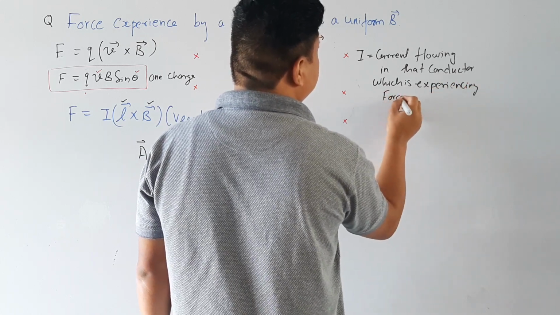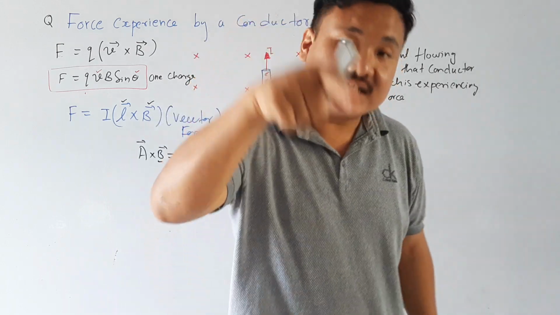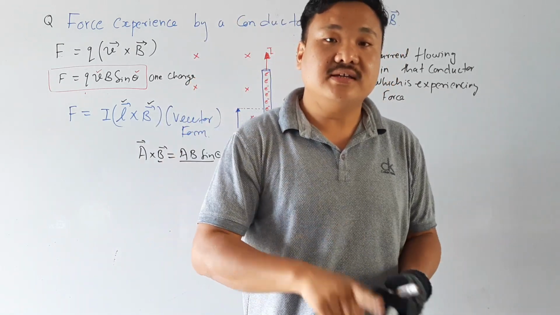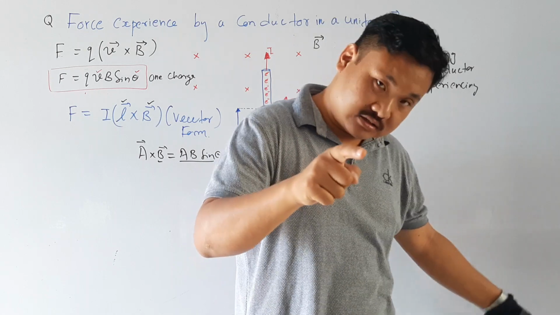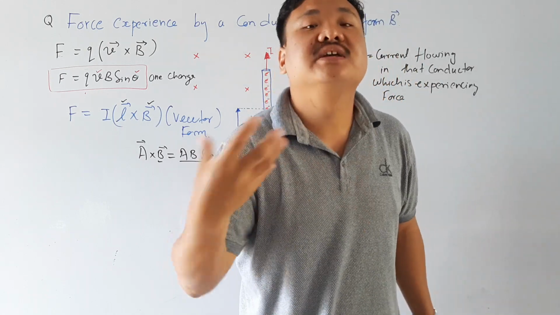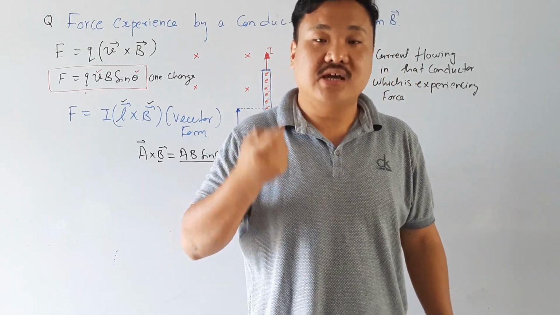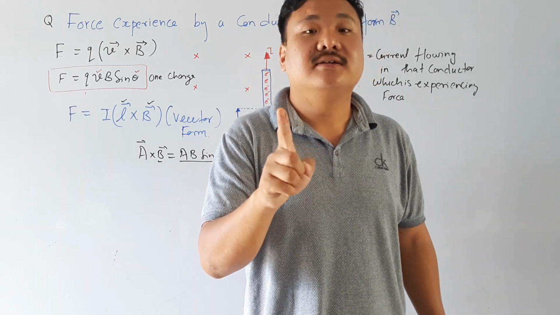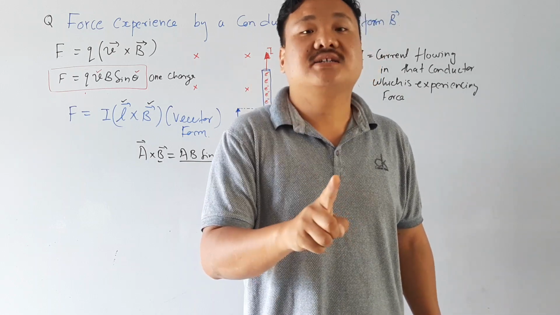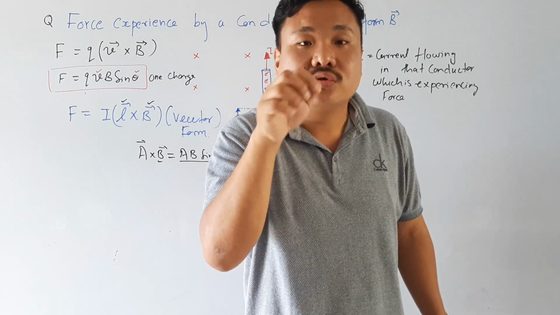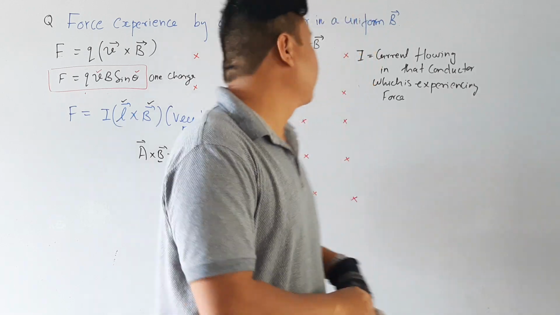Please remember. So I is that current flowing in that conductor which is experiencing a force. यह वो करंट है जो उस कंडक्टर में फ्लो हो रही है जो फोर्स एक्सपीरियंस कर रही है.